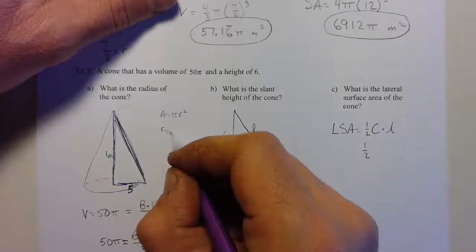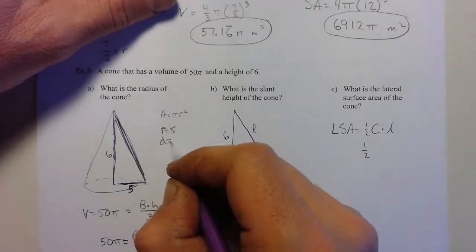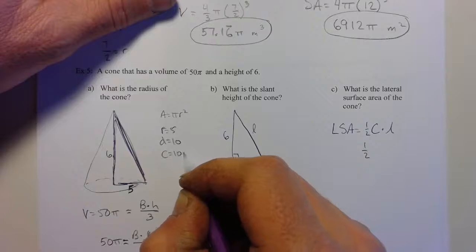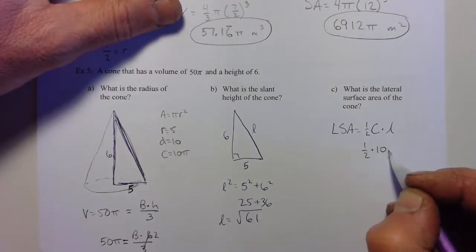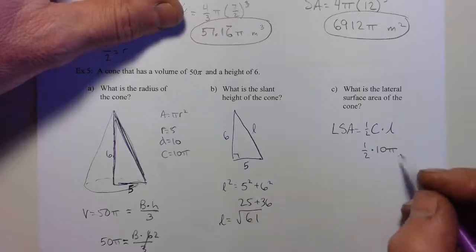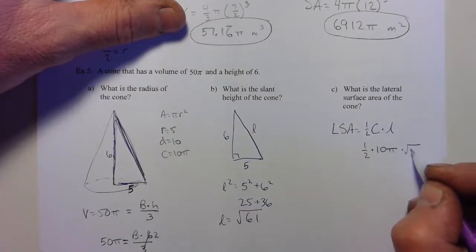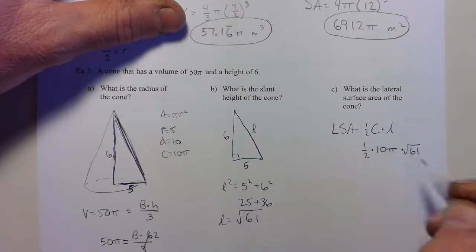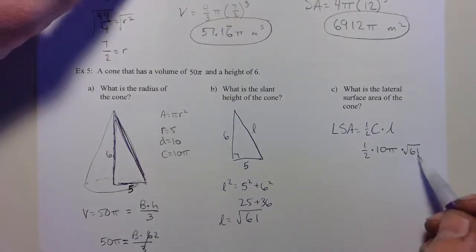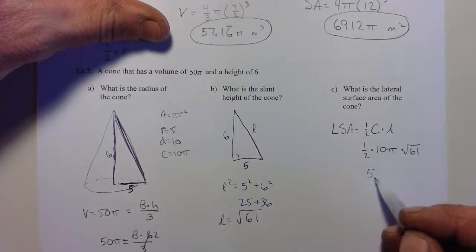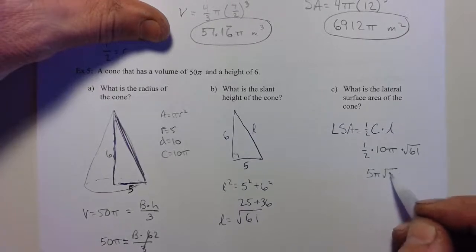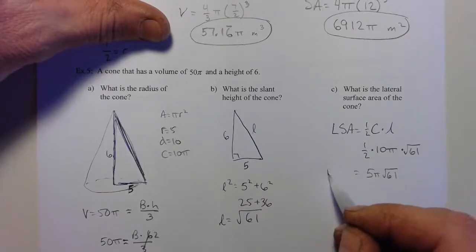Well, if the radius is 5, my circumference is 10 pi. And my slant height was root 61. So 5 pi root 61 is my LSA.